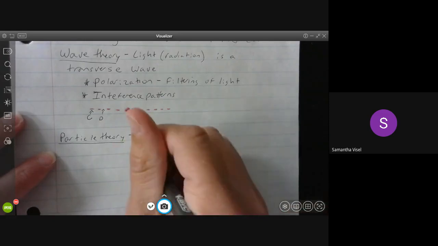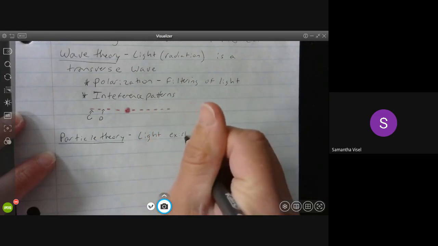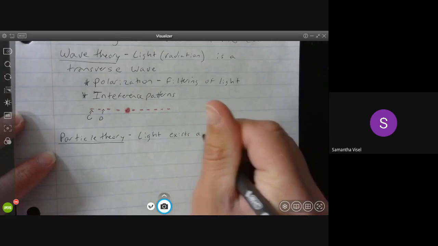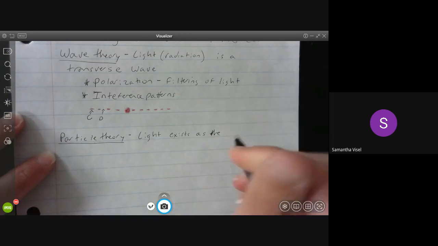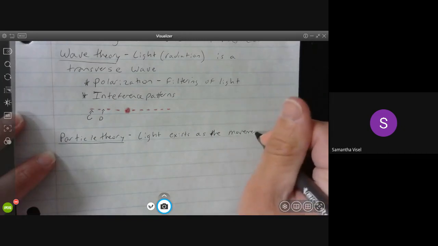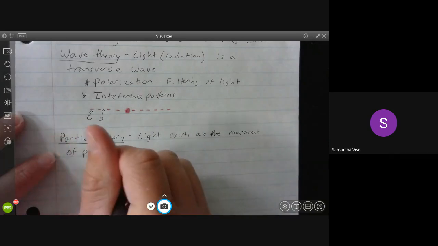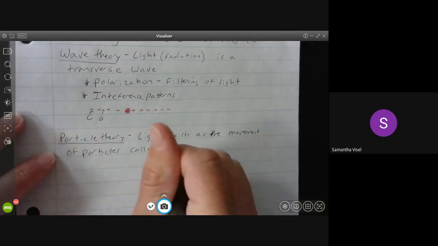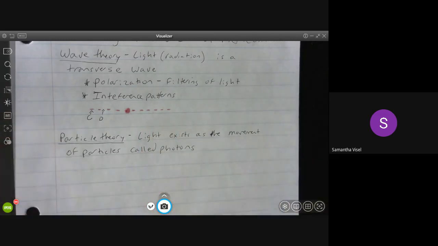So what particle theory says is that light exists as the movement of particles called photons. You can think of photons as being like little bundles of energy. So light exists as the movement of particles called photons.